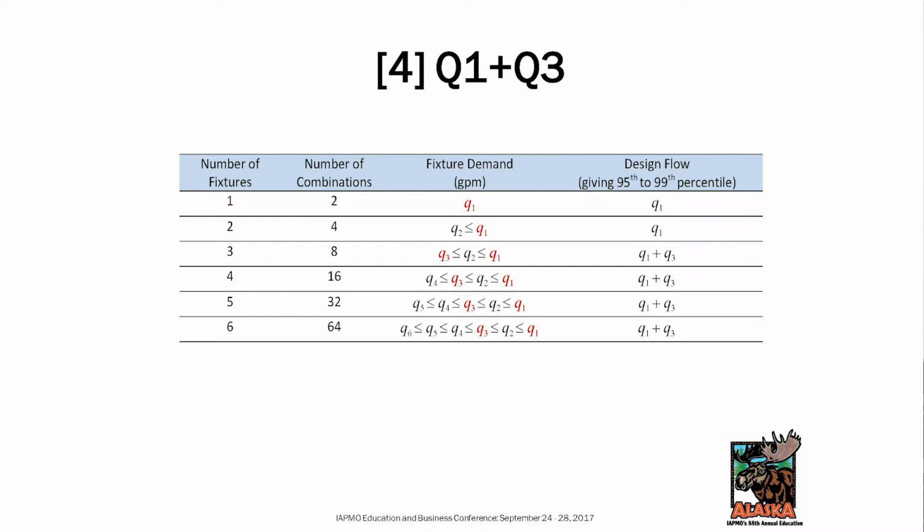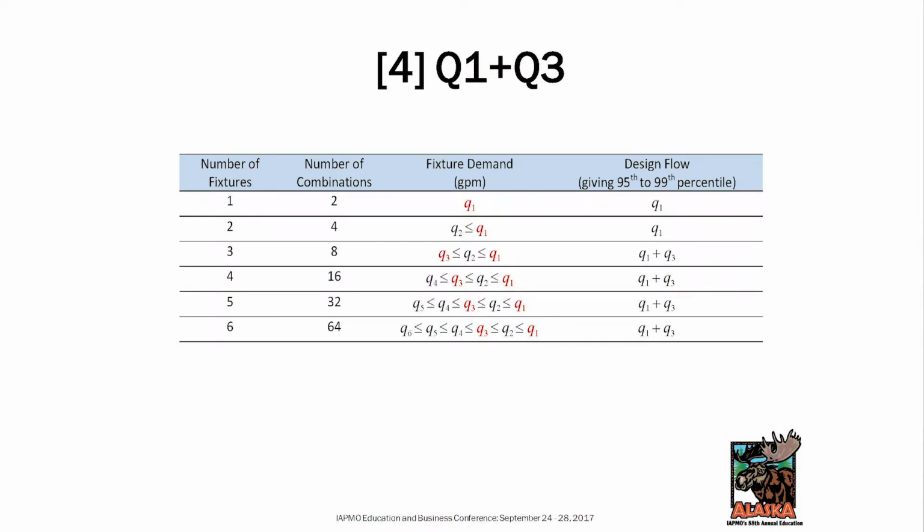And how this works is that you have a number of fixtures on a branch, and you order these fixtures from the flow rate from the highest to the least. A fixture with the highest flow rate is Q1, the next highest flow rate is Q2, Q3, so forth. Then all you do is you add Q1 and Q3, and that is your predicted demand for that branch. It's quick and easy, and when we compare it to the exhaustive enumeration, it's the same thing.